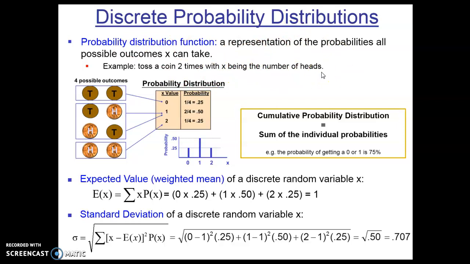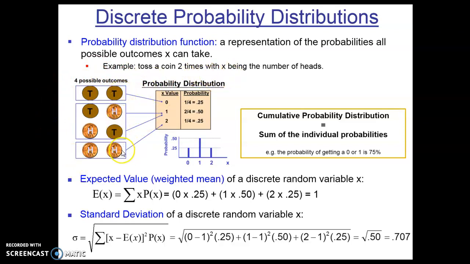So there's actually 4 possible outcomes here, right? If you toss a coin 2 times, you could get tails, tails, you could get tails, heads, you could get heads, tails, or you could get heads, heads. Those are all the outcomes. We might call this the sample space, right? Because it identifies all possible outcomes of the experiment of flipping a coin 2 times.